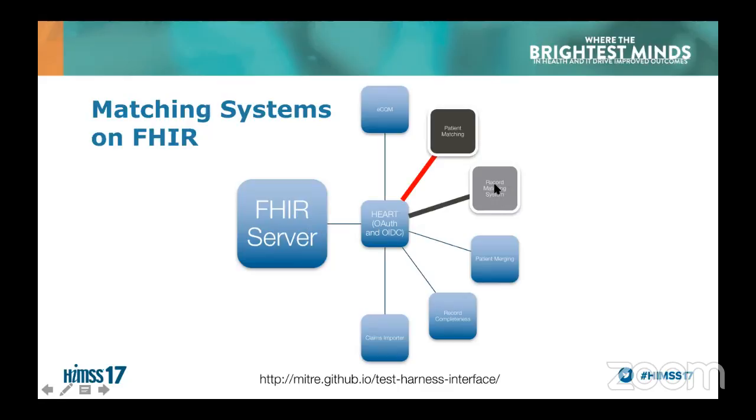And then lastly, it would take the results of its matching and write those back to the FHIR server, where we would be able to use those. All of the information on how that flow works is provided at the URL below in our test harness interface specification.